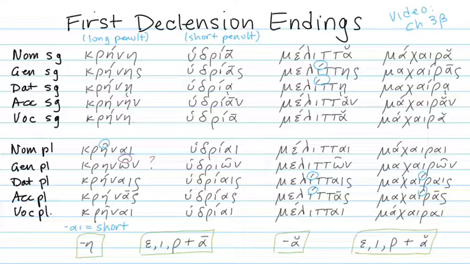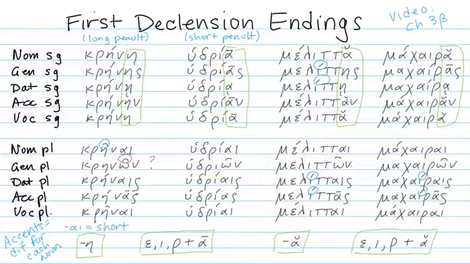So just to review, the first type is characterized by the ending of the long eta. Second type is epsilon, iota, or rho plus a long alpha. Third type is short alpha, and fourth type is epsilon, iota, or rho plus the short alpha. So there's where your endings are different, and then in the plural, they're all going to be the same.